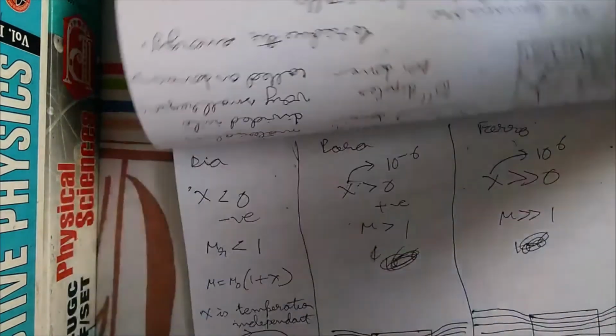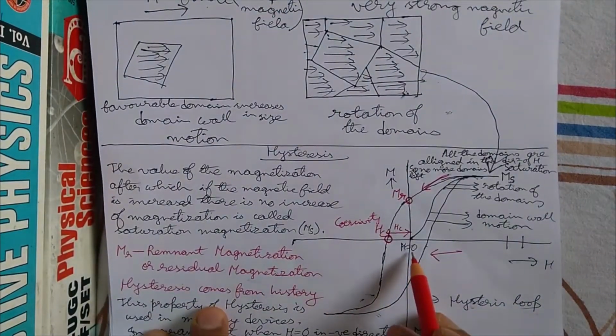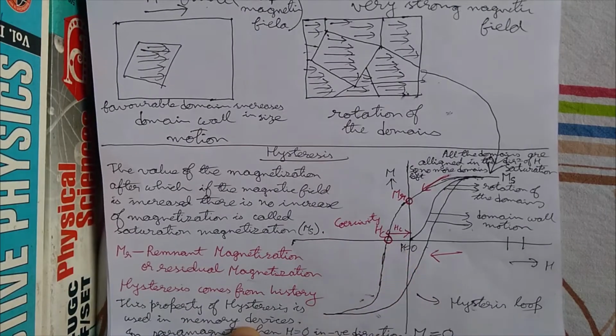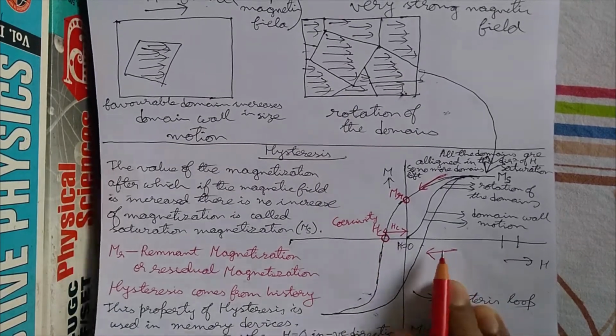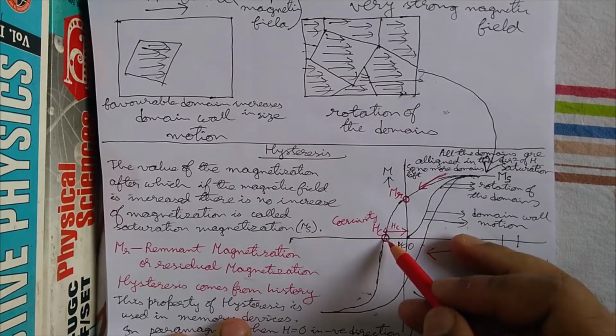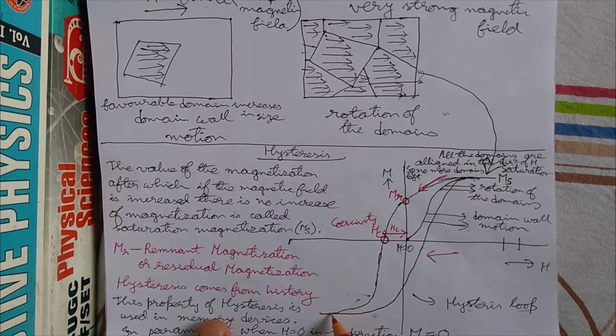Now if you are increasing the magnetic field more, actually this thing happens. Gradually the magnetization decreases, and ultimately here again, in the negative direction, it attains saturation.